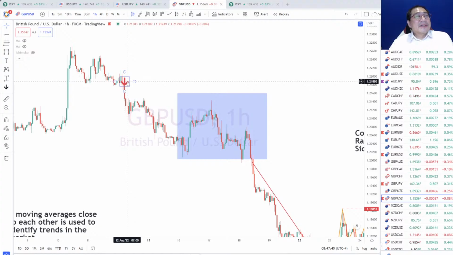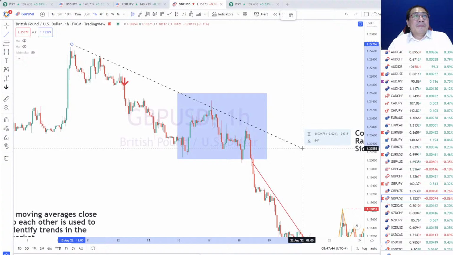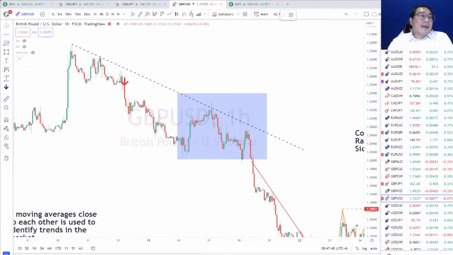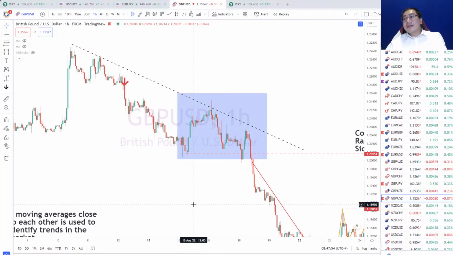There's actually a descending triangle that goes all the way back up here. Okay, so we use all this in combination. Thank you. The three answers there: descending triangle.